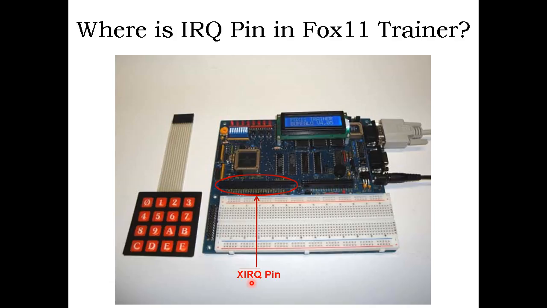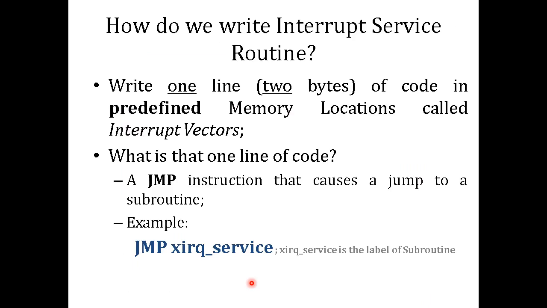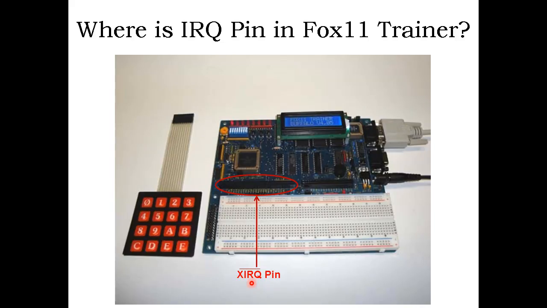Now, how do you give a signal? You give a signal by touching it one time, very quick. But if you keep it connected, let's say you run a wire and connect it to the ground forever, then you are constantly giving the microprocessor the signal.